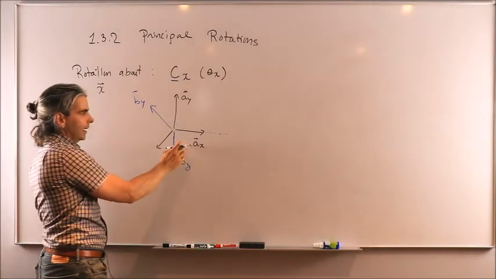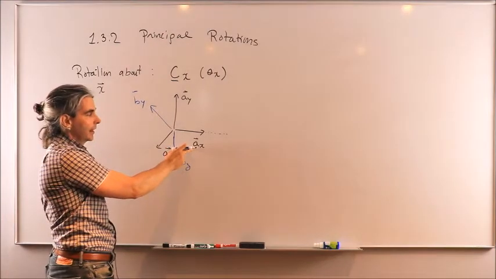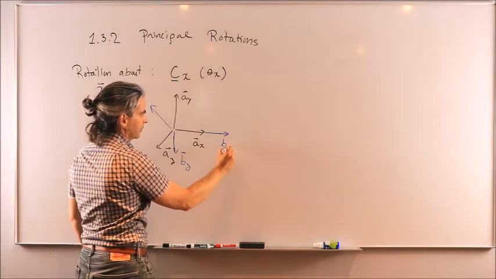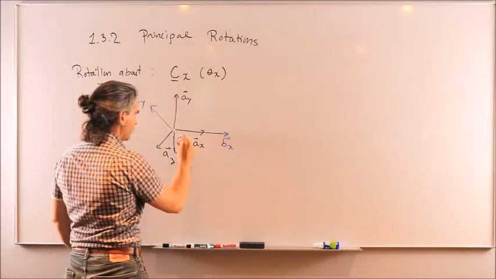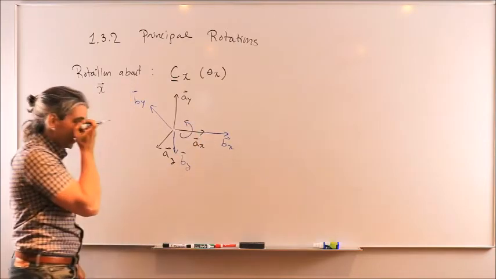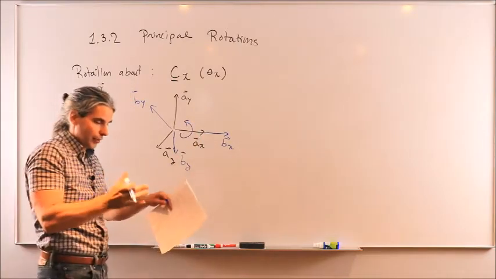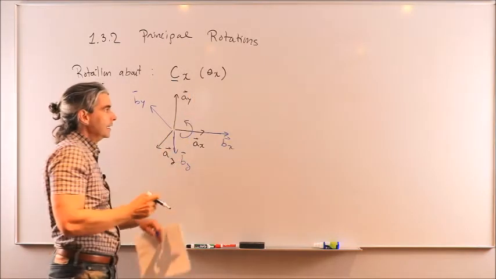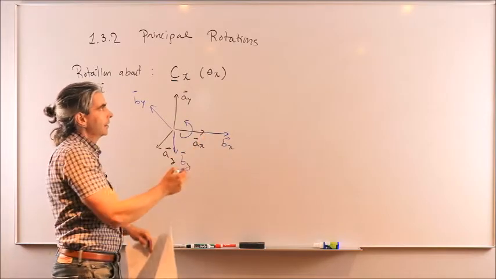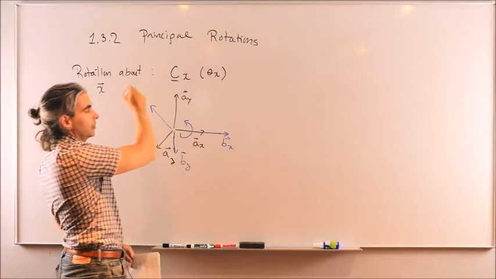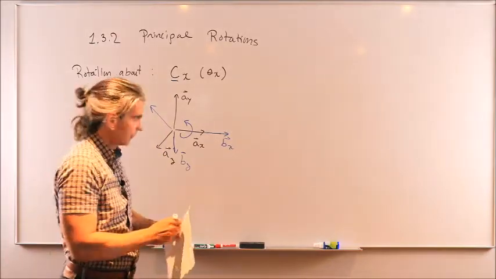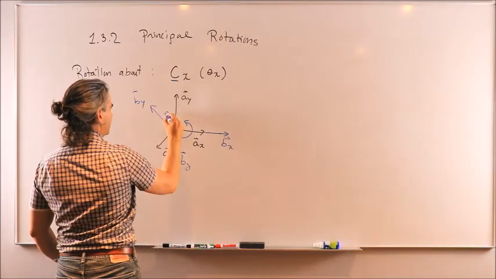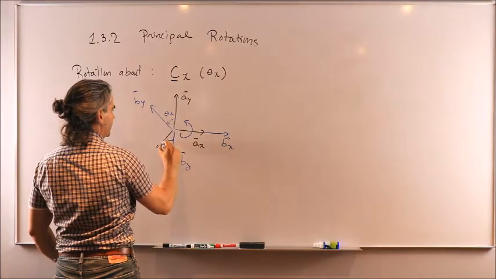And because AX was your axis of rotation, it means that AX and BX coincide with each other, like that. And the rotation is performed about AX only. So you take your reference frame A and you spin it about its AX direction through some angle theta x, and then you get the reference frame B as a consequence of a principal rotation about X only, okay? So the angle theta x would be here and would be here as well.